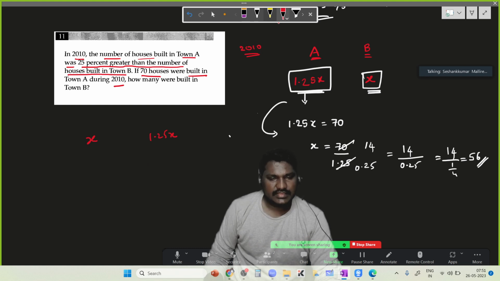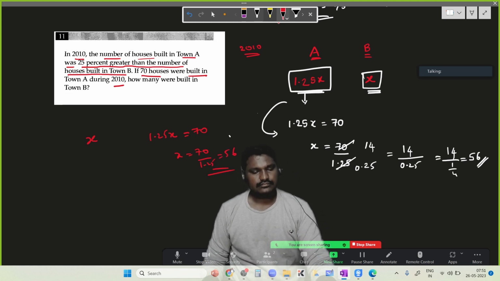So X is equal to 70 by 1.25, which gives us the answer as 56. Okay.